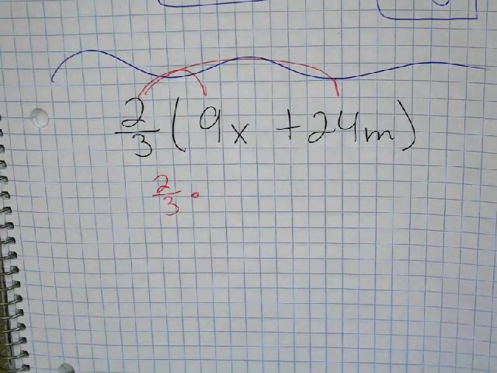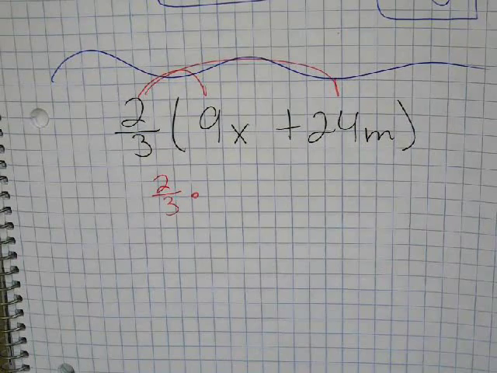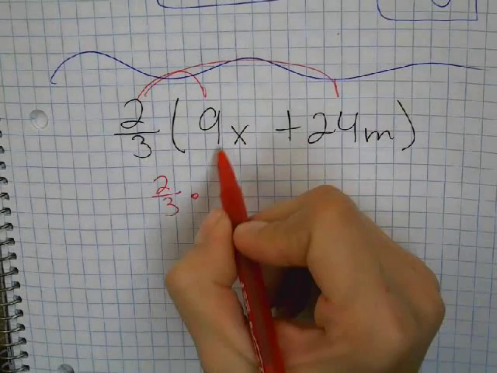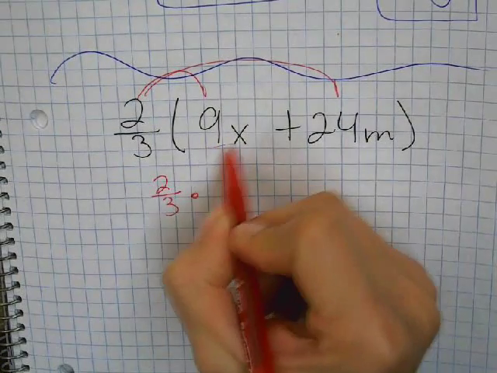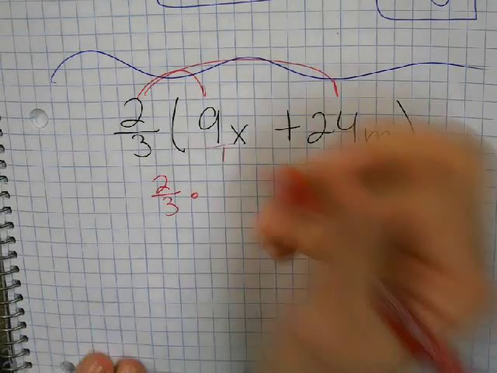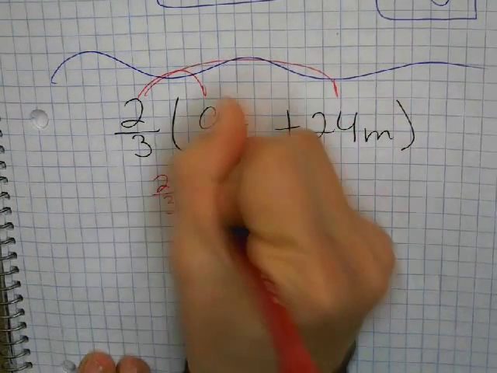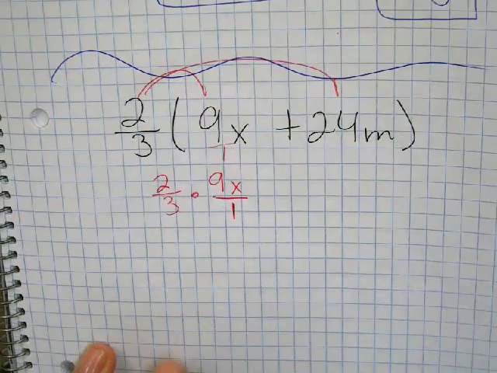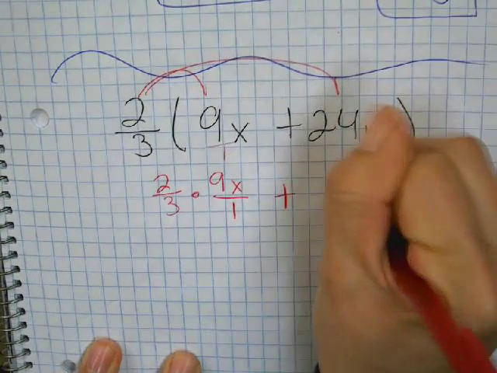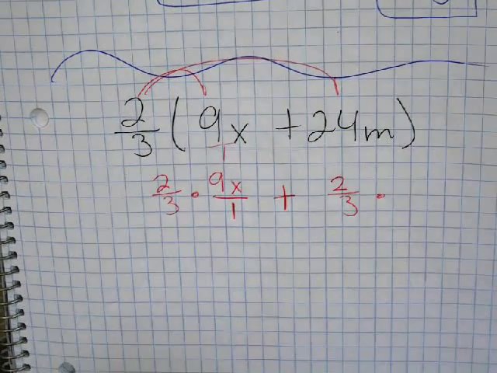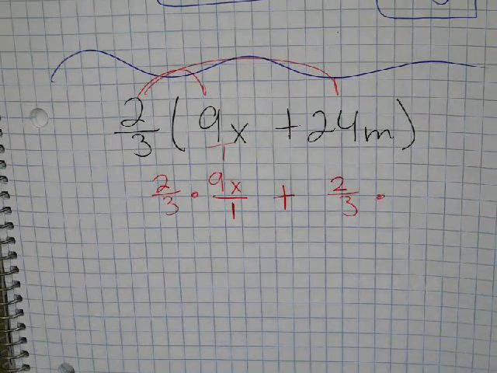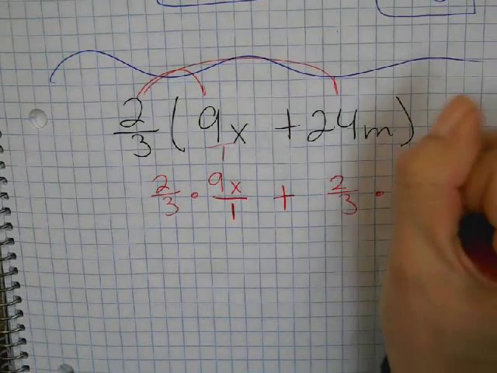Now, question: how do you turn 9, the whole number 9, into a fraction? Good. Remember how in elementary last year you just put this over 1? So 9x over 1 plus 2/3 times what? 24m.